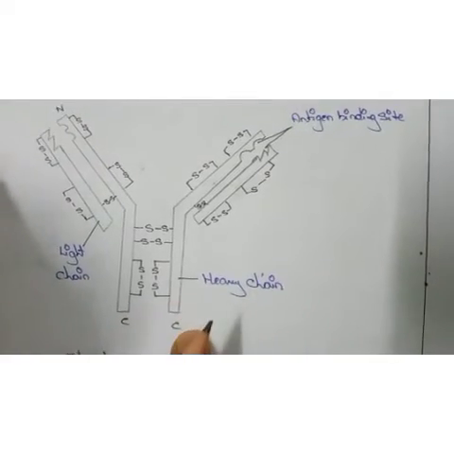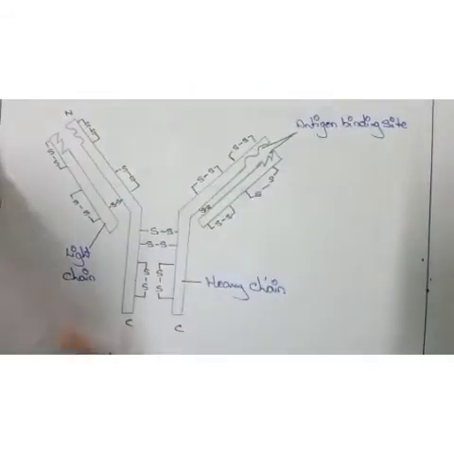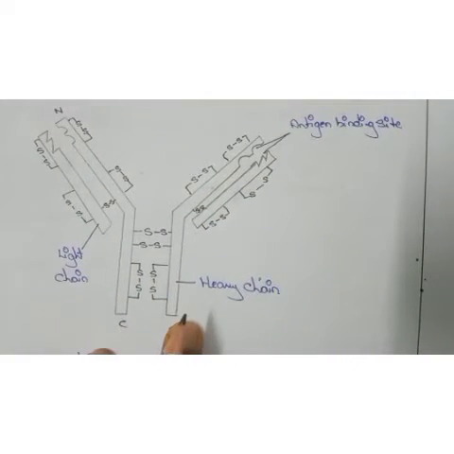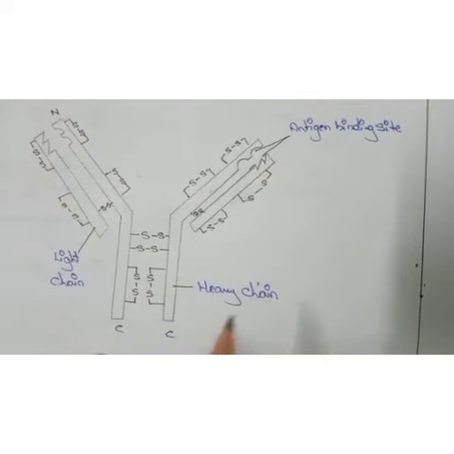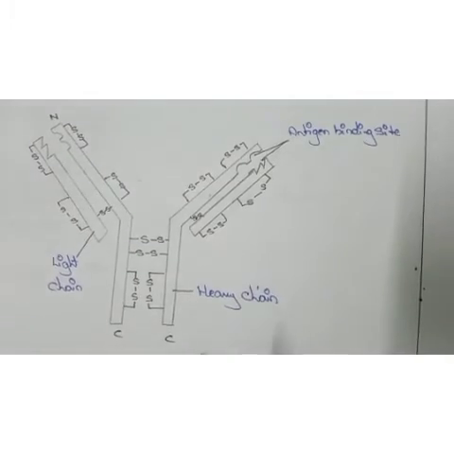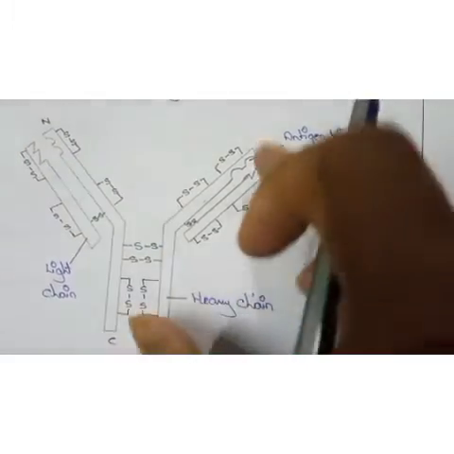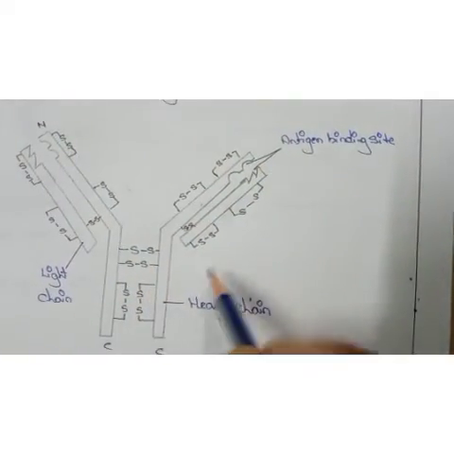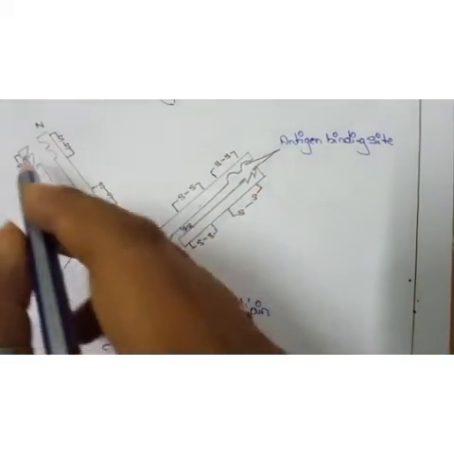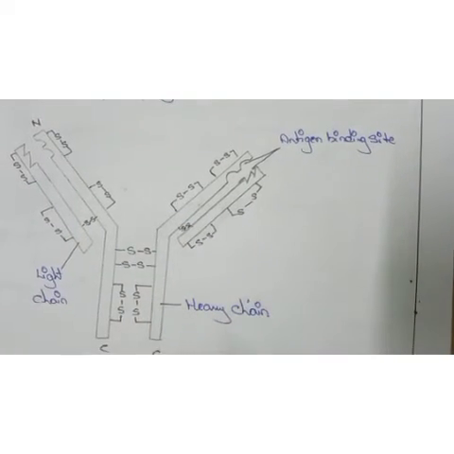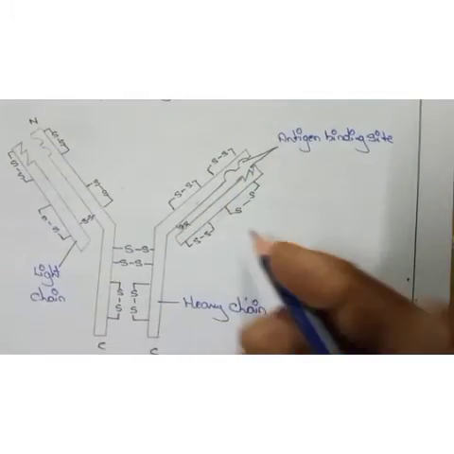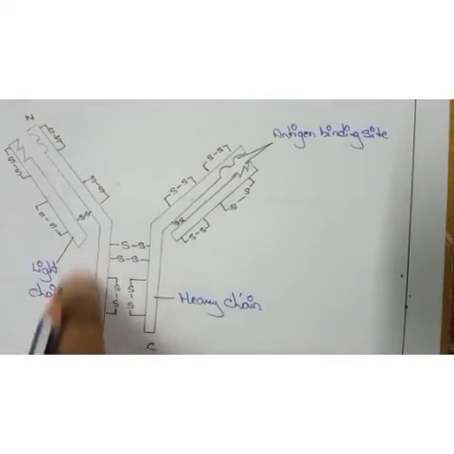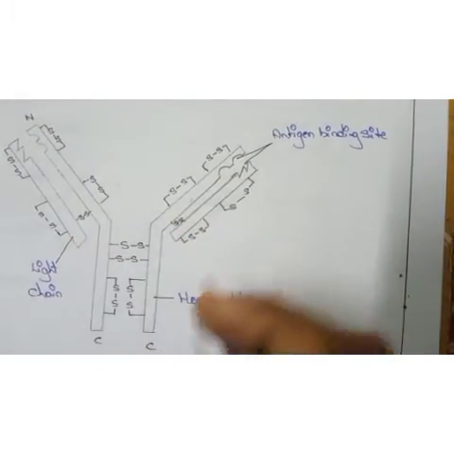Here you can all see the structure of an antibody. It is Y shaped, like the English letter Y. This and this we call light chains.